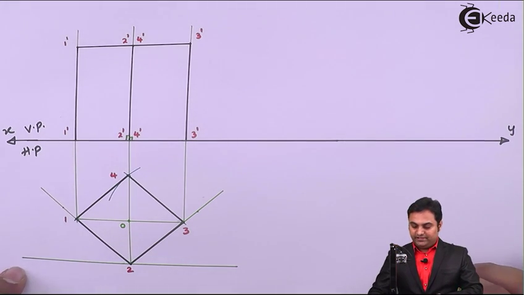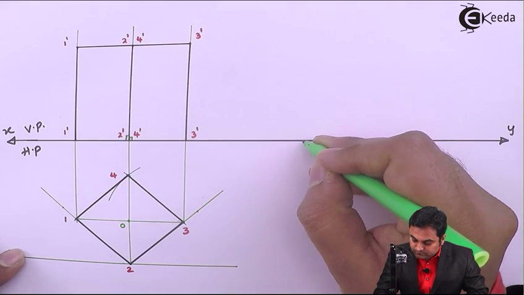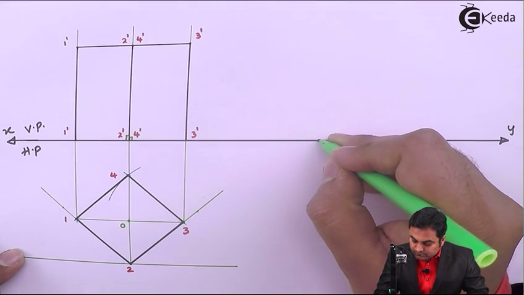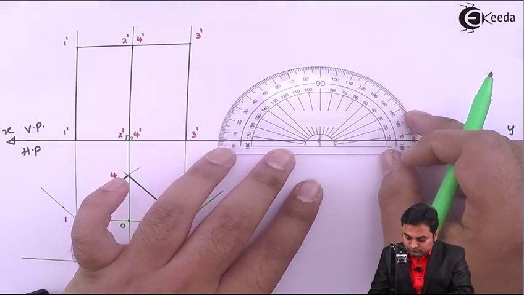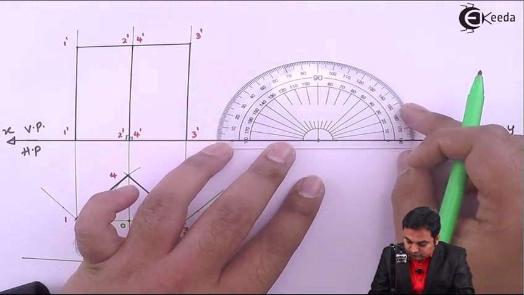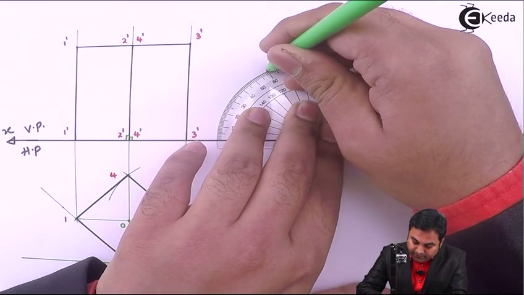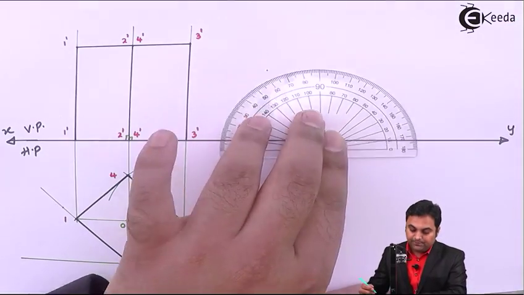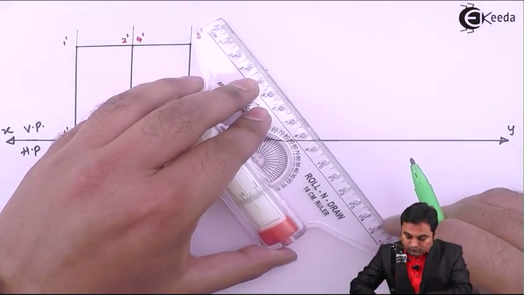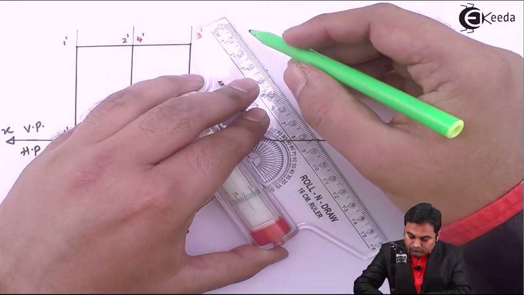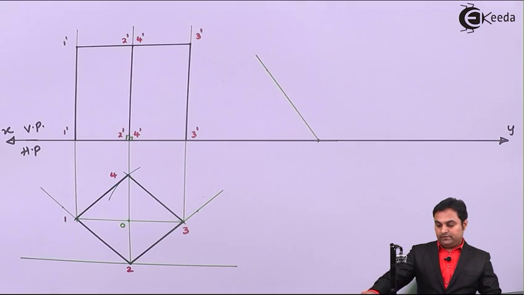So I'll draw it in this way. Here I am drawing the base inclined at 60 degree, drawing a light line first.